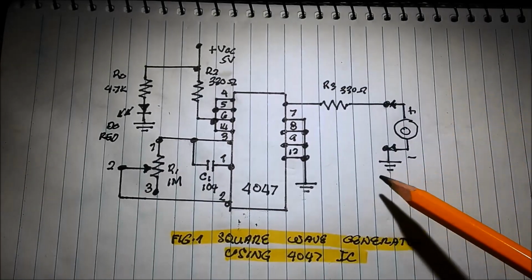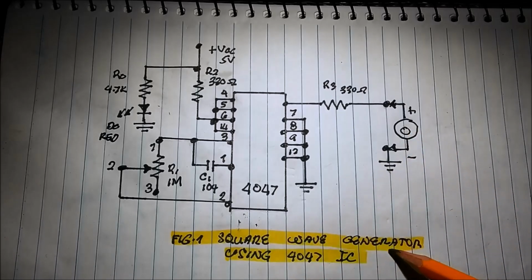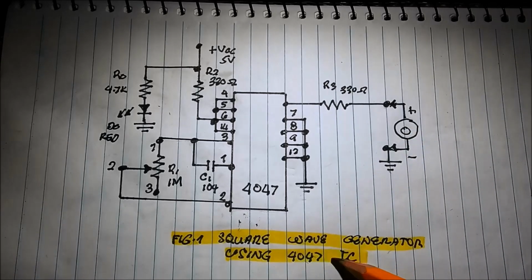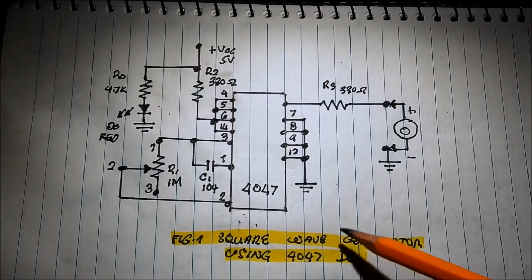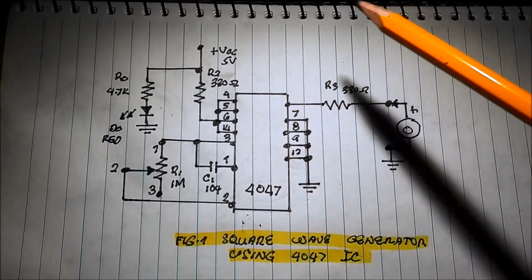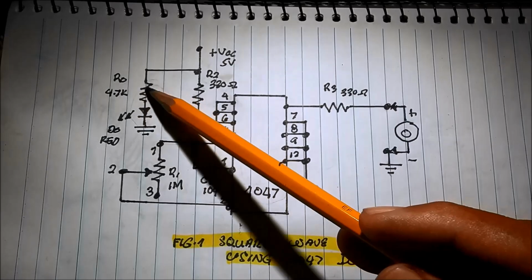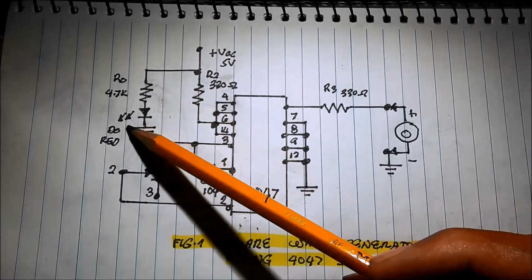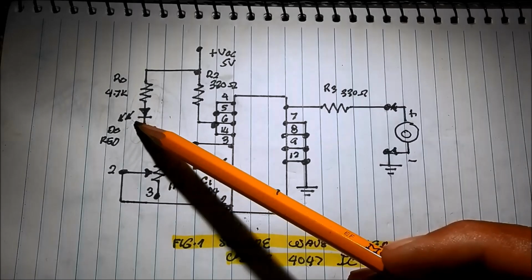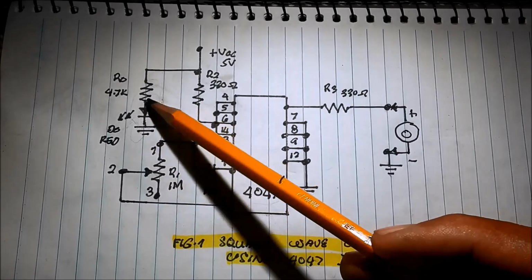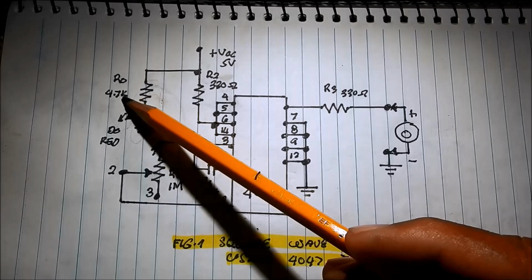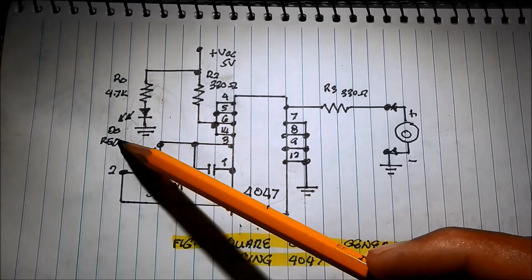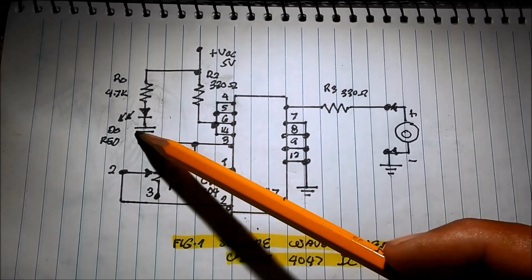We have our circuit, a square wave generator using the 4047 IC. This is the power indicator to know that the circuit is on, using a 4.7 resistor with a red LED.